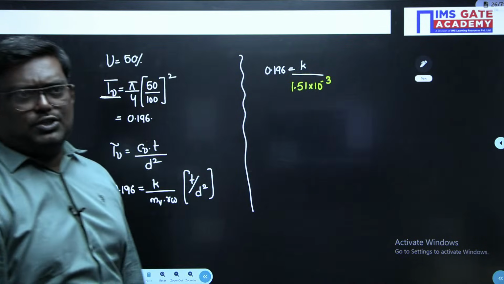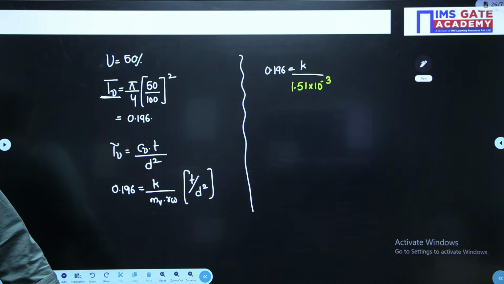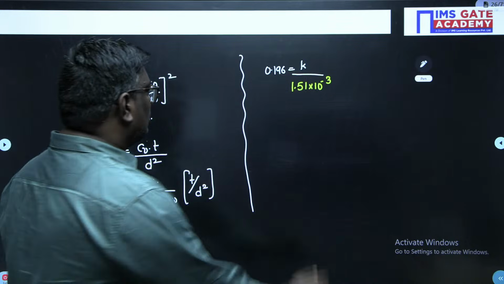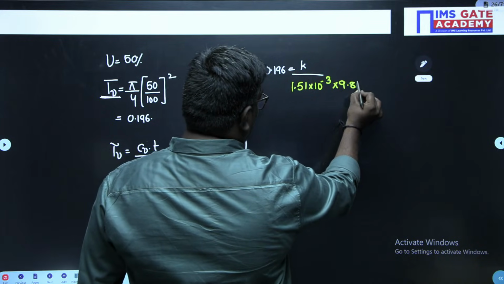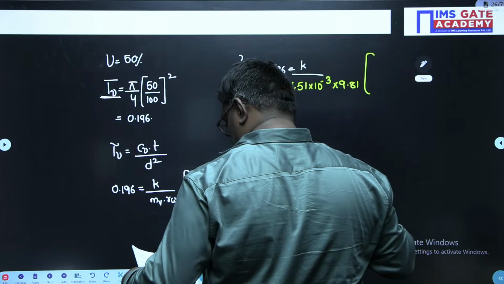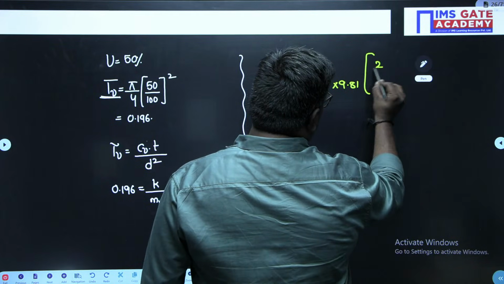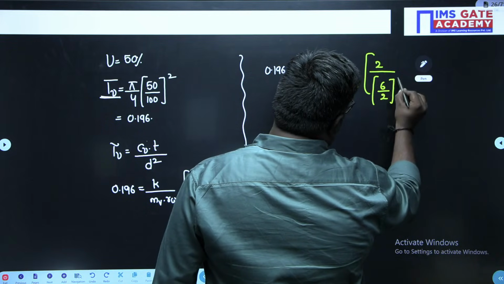K is the coefficient of permeability. Gamma w is 9.81. And time is given as 2 years. Thickness is given as double drainage, 6 by 2 whole square.